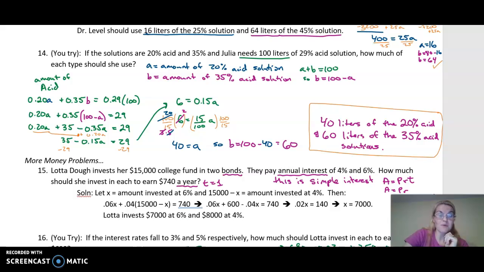I want that pure acid amount to equal 29% of the 100 liters. Multiply, simplify, solve, work it out. I didn't use the calculator, so this is my chicken scratch here. A is 40. B should then be 60.